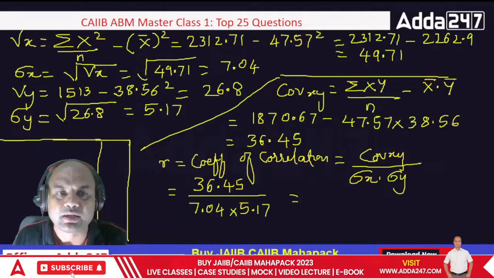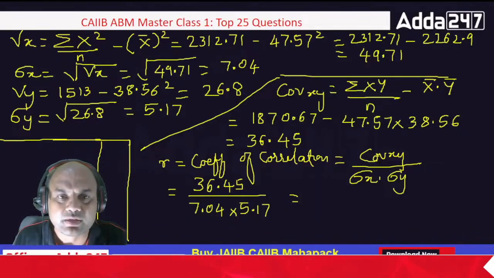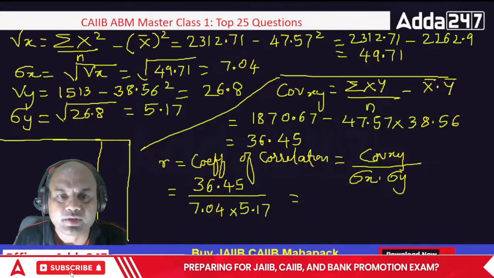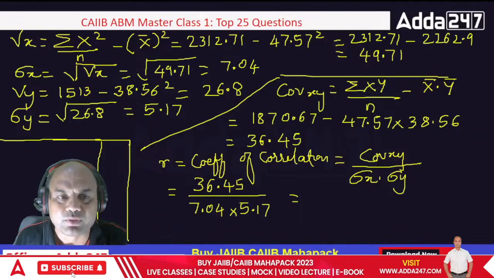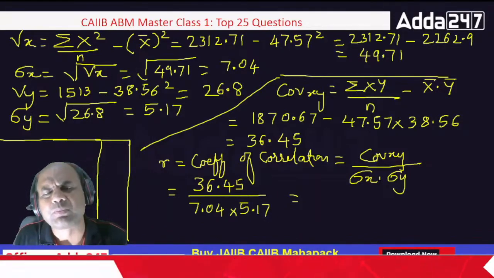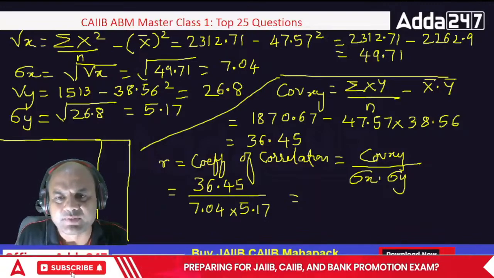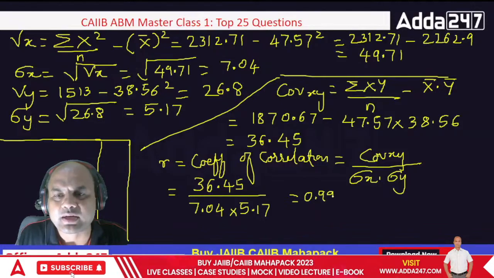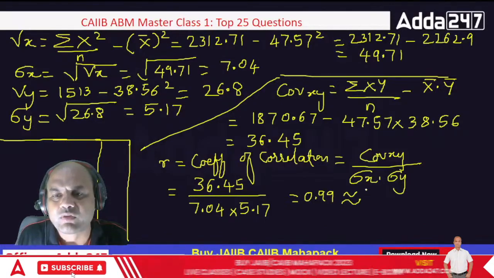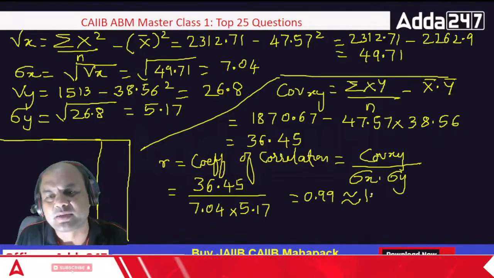Roughly you are getting 1, roughly 0.99 or 1 something. Somebody might get 0.99 and somebody might get 1 point something, so it's one and the same.